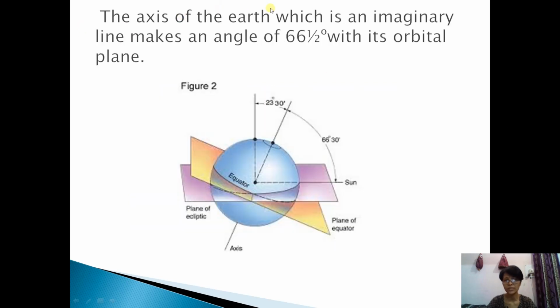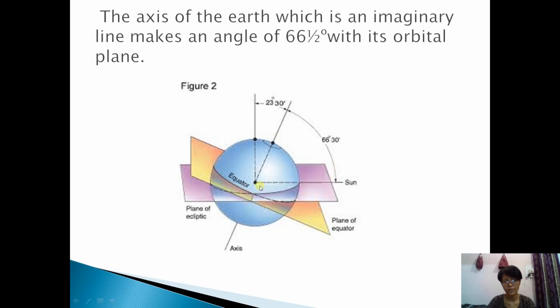The axis of the earth, which is an imaginary line, makes an angle of 66.5 degrees with its orbital plane. You already know about the axis of the earth, an imaginary straight line, which makes an angle of 66.5 degrees with its orbital plane.